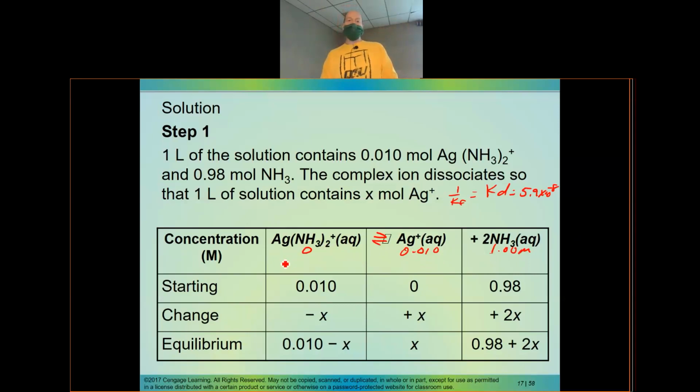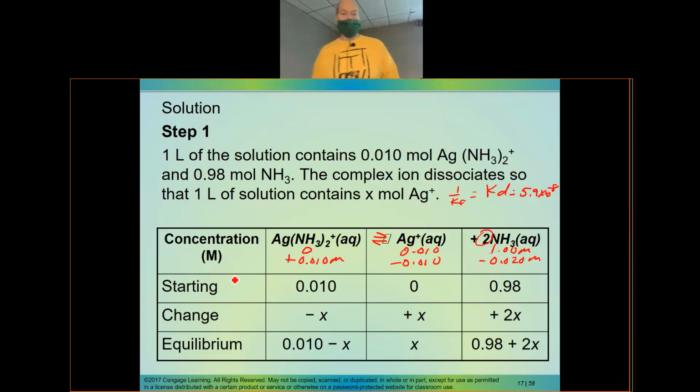When you have a very small K value, then something on the right has to be 0. And so we see that the Ag+ is much smaller, so minus the 0.010. And now don't forget the coefficient of 2, so minus 0.020 molar and plus the 0.010 molar.